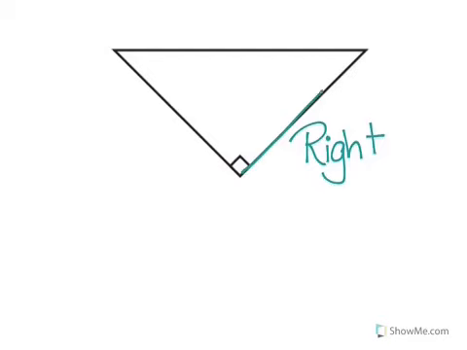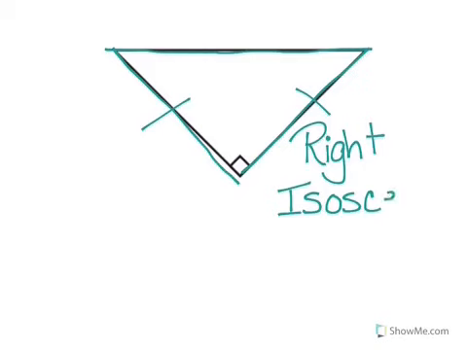Now, looking at the length of our sides, it looks to me like two sides are the same length, and one side is really long. If we have exactly two sides the same length, then this would be an isosceles. So we would call this a right isosceles triangle.